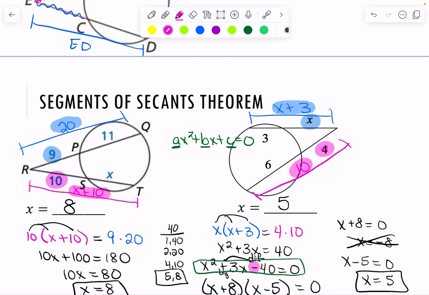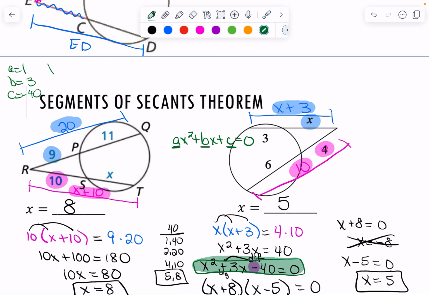So here's the one I'm focusing in on, my standard form of a quadratic. When I look at this problem, I know that a would be 1, b would be 3, c would be -40. Then I take that and plug that in.